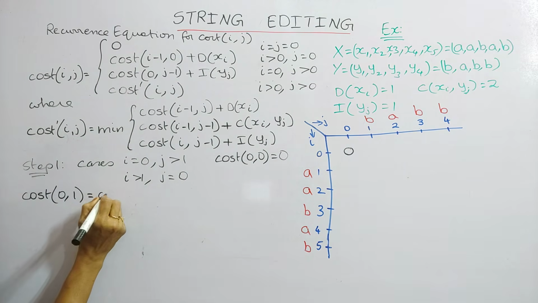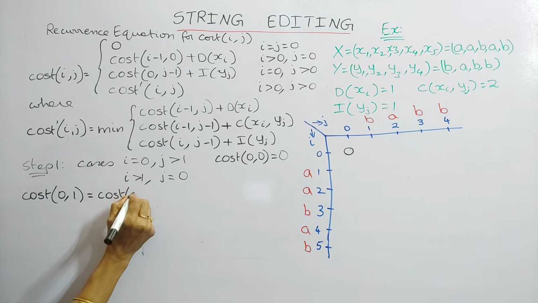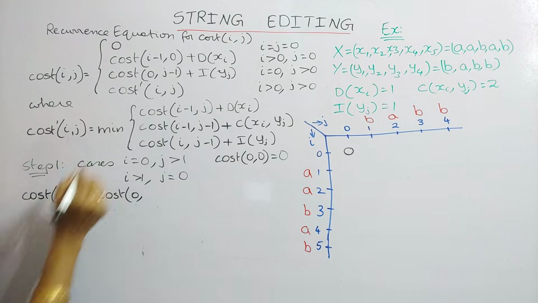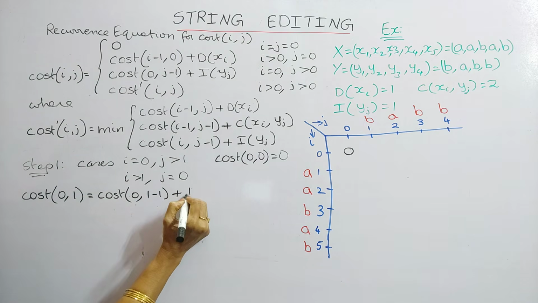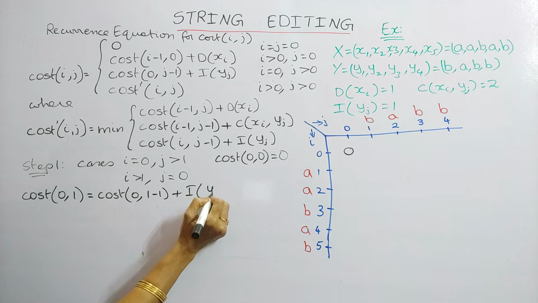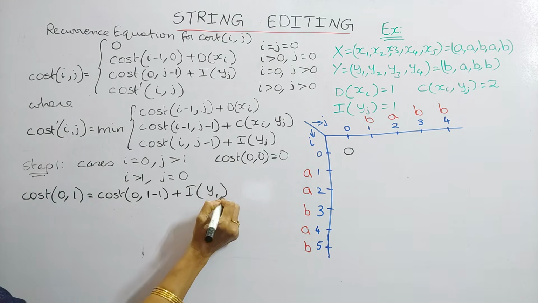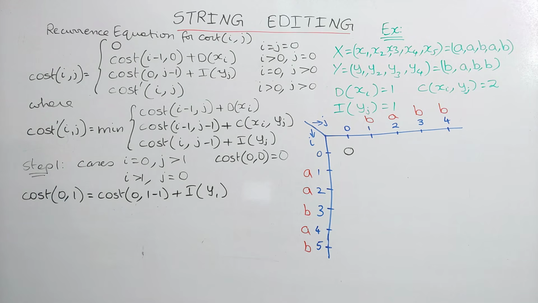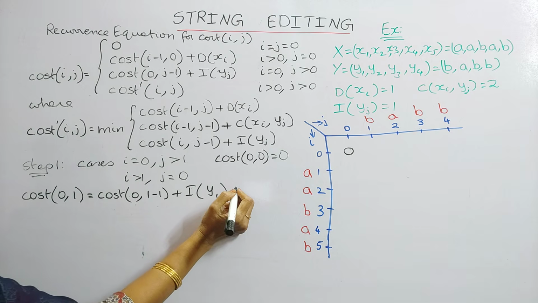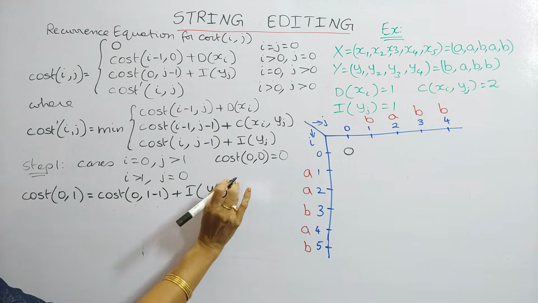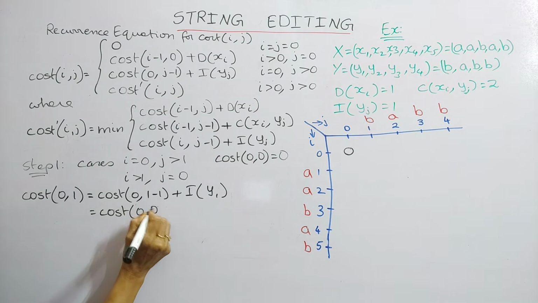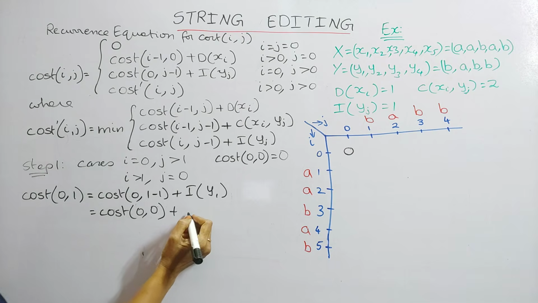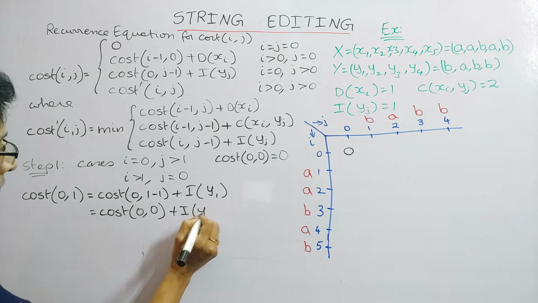That is cost of 0, J minus 1 plus the insert operation, insert of Y, J. J is 1 here. So it is cost of 0, 0 plus insert of Y1.